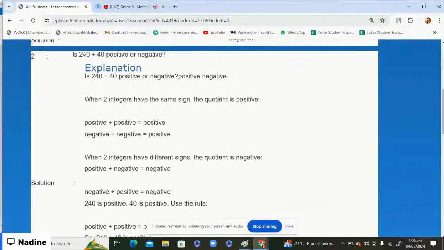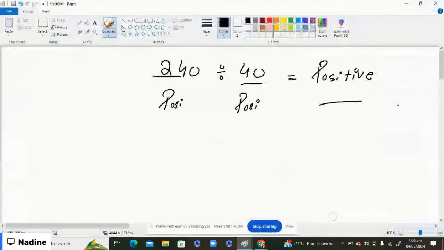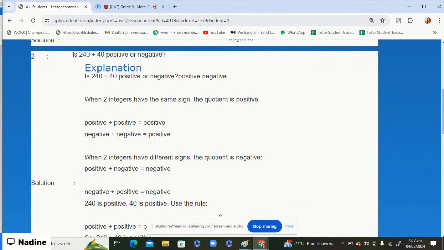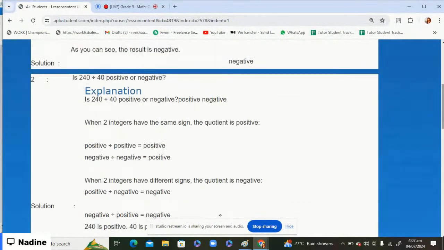But if there are two negative integers, negative divided by negative, the answer is also positive. Understand? If there are two positive, the answer is positive. If two negatives are divided, the answer is still positive. Okay, so these are the two rules for division.